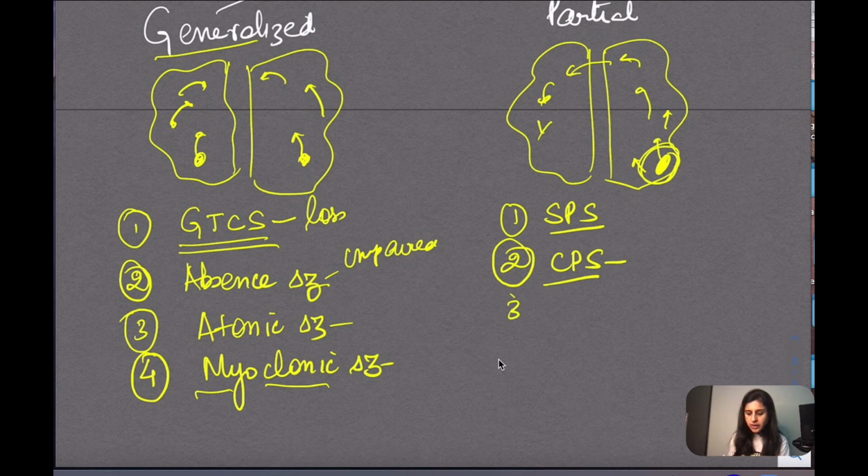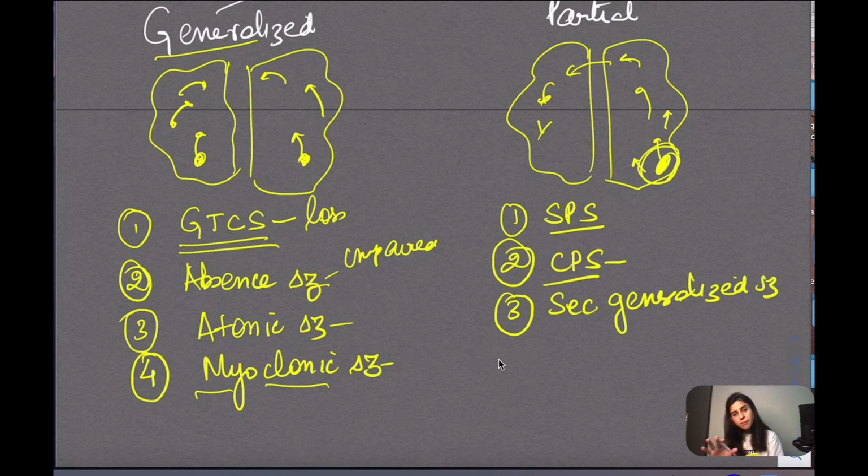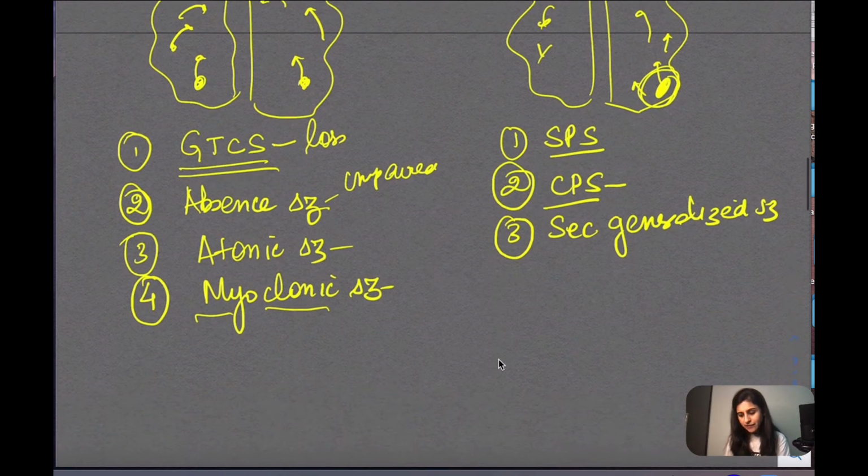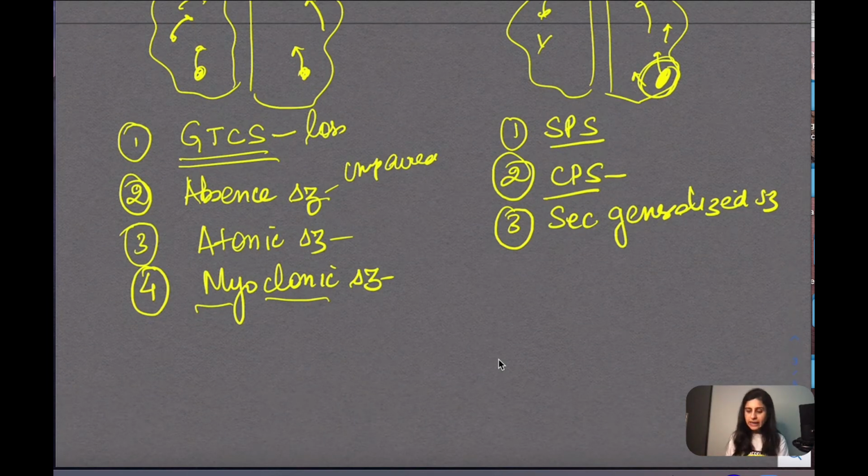And the third one is that if this further progresses, it can lead into secondary generalized seizures. They are not primary generalized. They were partial to begin with, but eventually, because they involved the other hemisphere, they became secondary generalized seizures. It's very difficult to distinguish clinically.